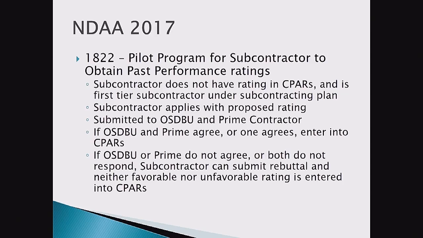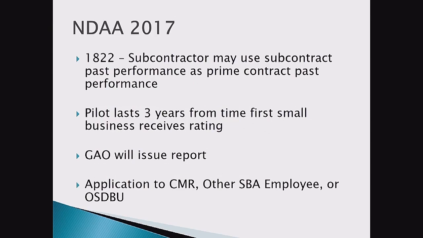And again, this is supposed to go into CPARS so that the small business subcontractor can have past performance in that system, even though they don't have a prime contract or haven't had a prime contract. This pilot program that they created will last up to 3 years from the time we actually implement this, and there's a small business that gets a rating.